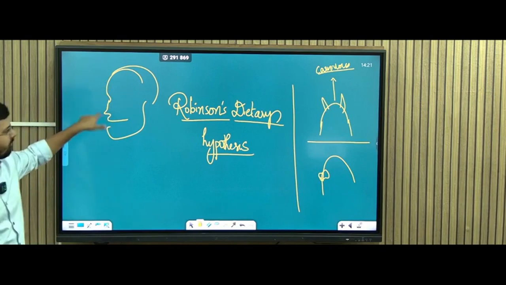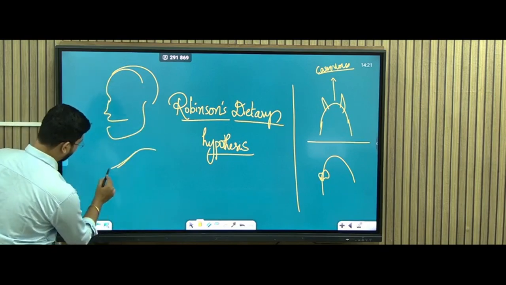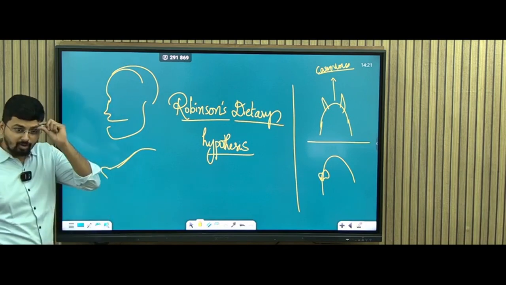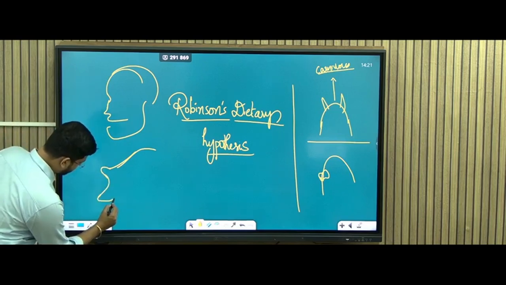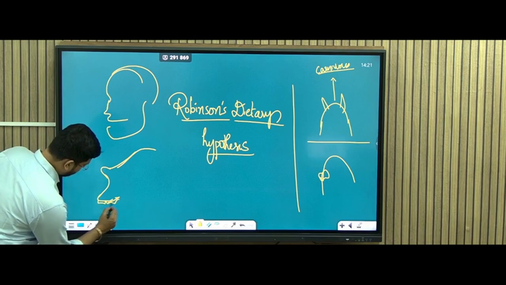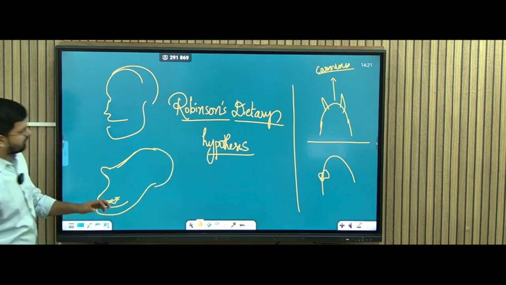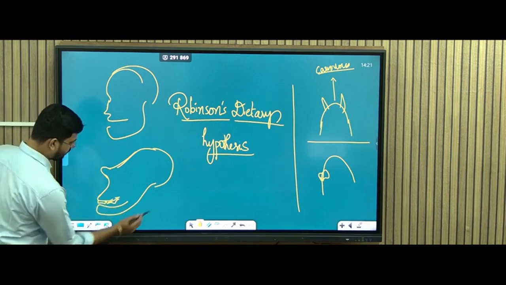you have a round skull, whereas in apes, you have a receding forehead and bony supraorbital ridges. It is not round in shape.